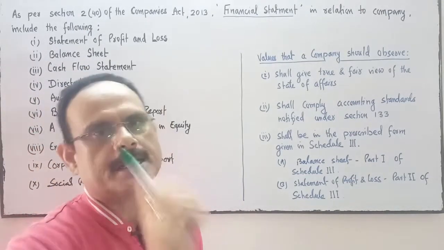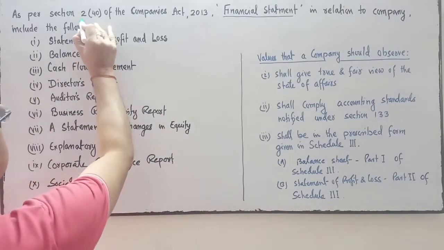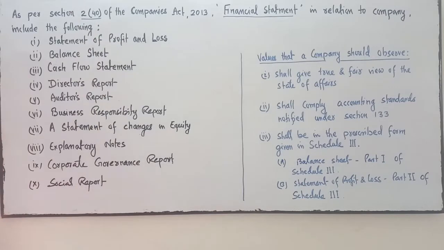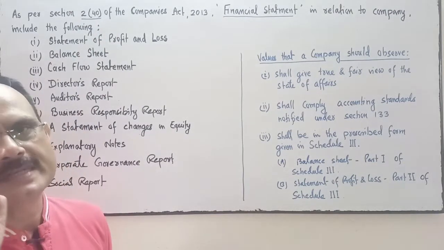There are 5 things included under this section, Section 2 Subsection 40 of the Companies Act 2013.